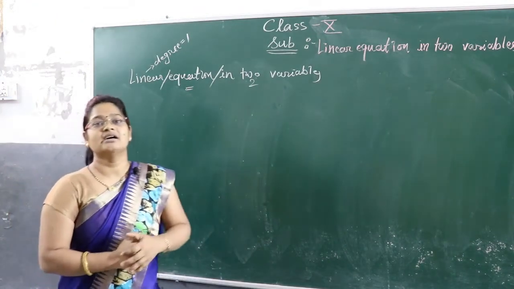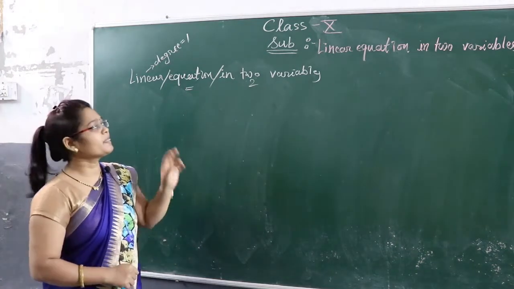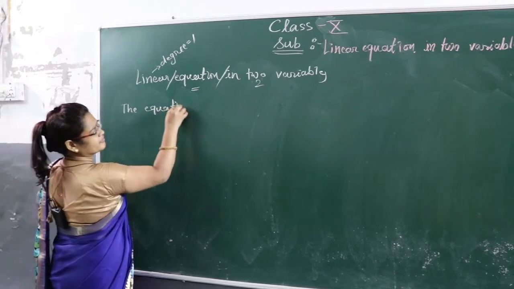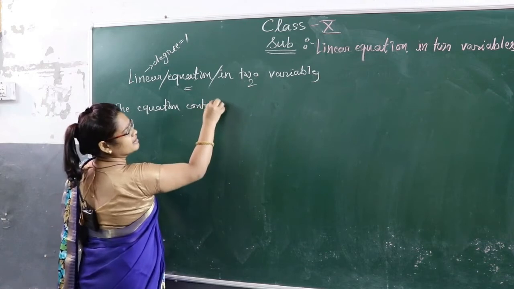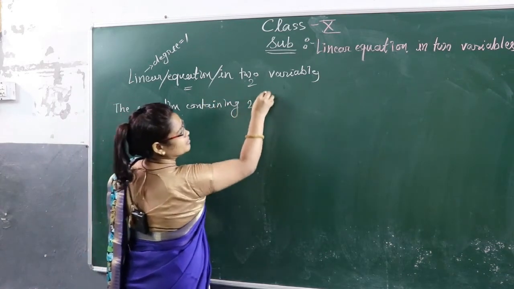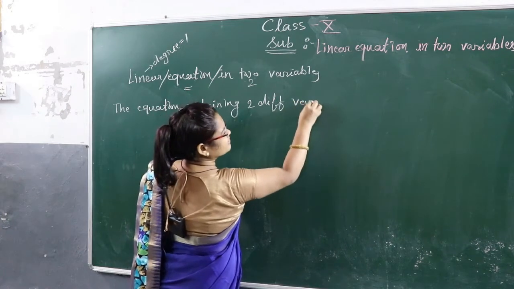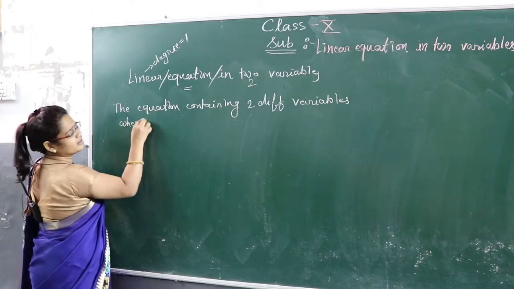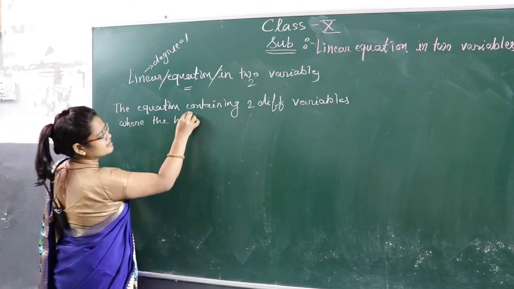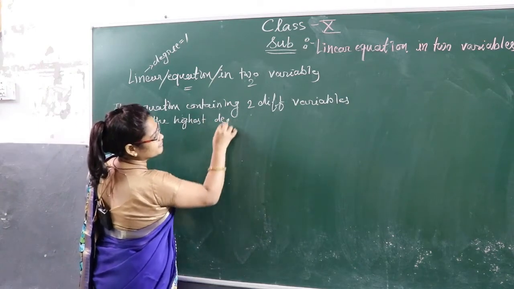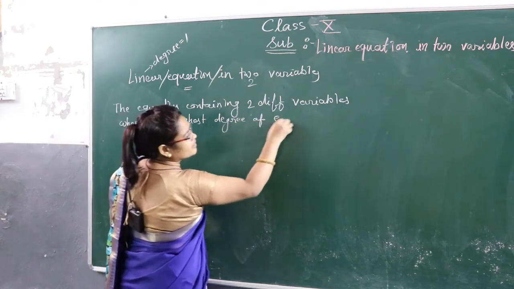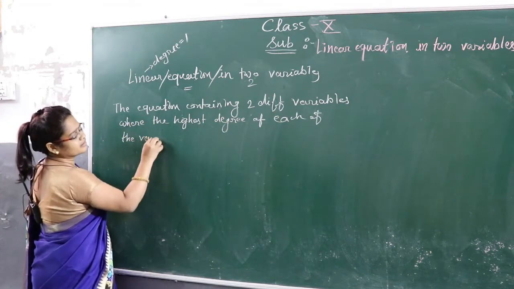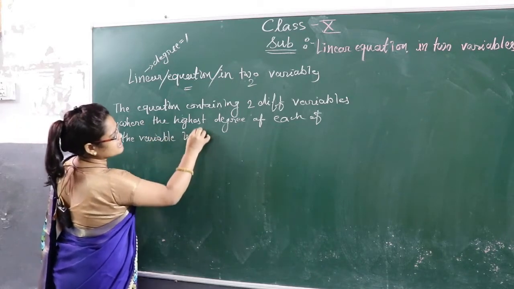Now the definition is: the equation containing two different variables where the highest degree of each of the variables is 1.